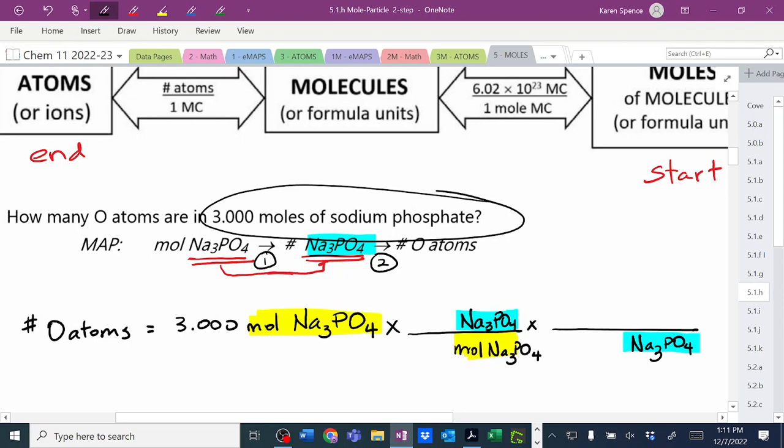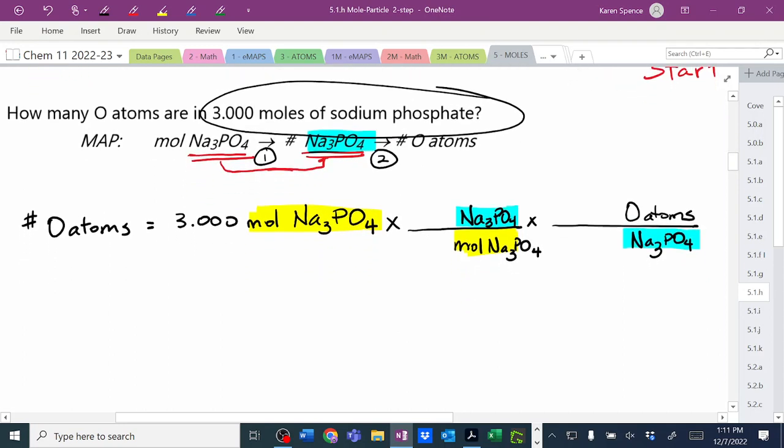How many O atoms are there in Na3PO4? And I really did not leave myself enough room here, but that's okay. We'll make it work. So I'm going to be canceling this out. I'm going to be canceling out the just plain old Na3PO4. This is formula units. You can think of that as molecules, though, if you like.